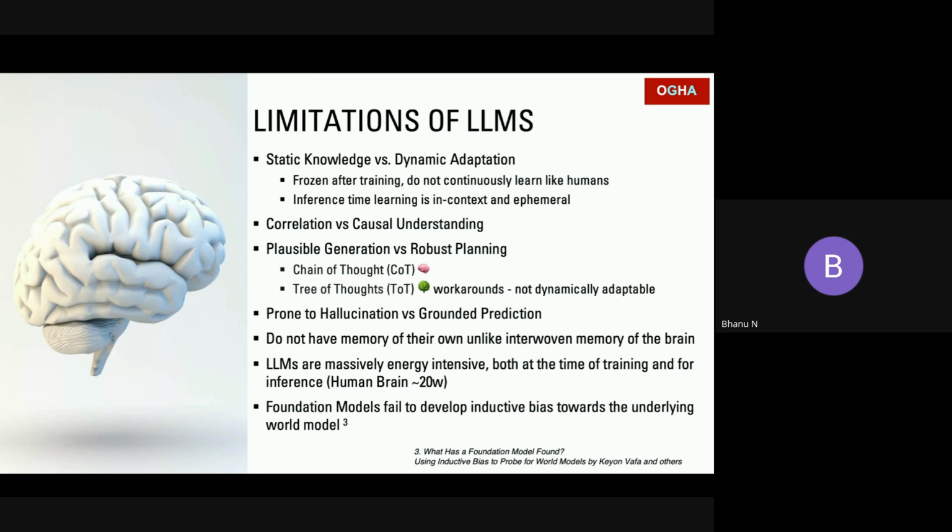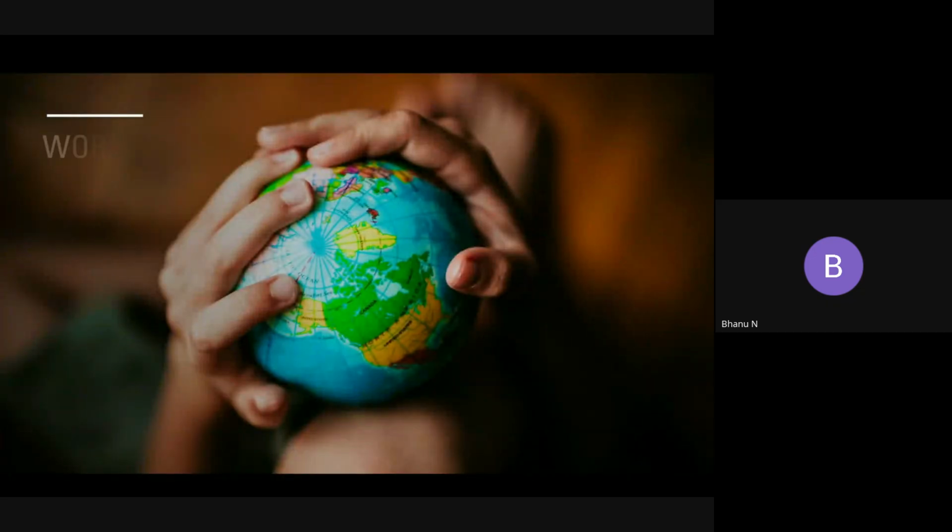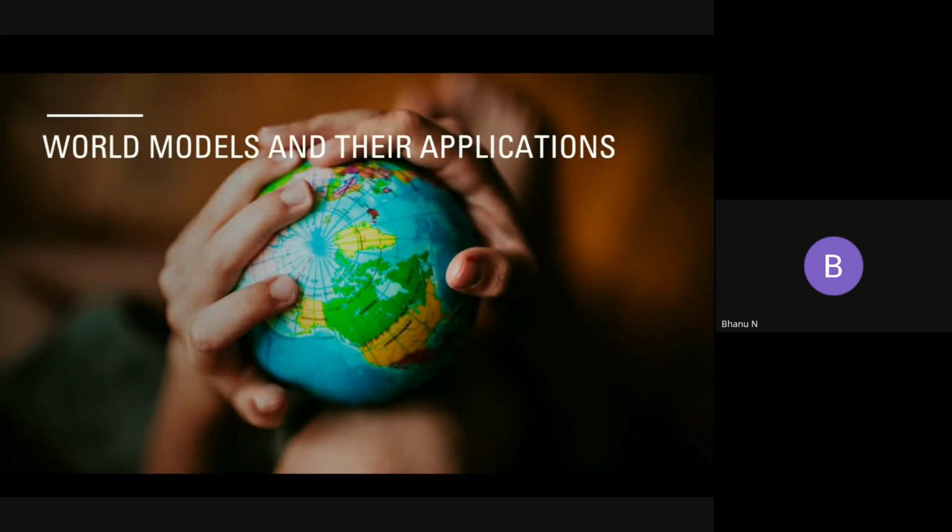More and more horsepower can be thrown at these LLMs in terms of datasets and the number of parameters. You can make it larger and larger, and it will get better and more nuanced. But basically, it is a kind of fundamental limitation. So with that, let's get into the world models and their applications.